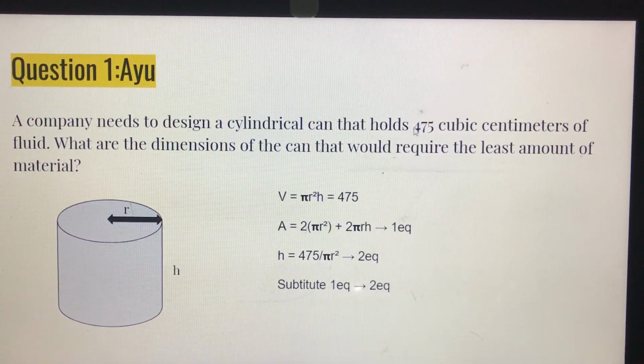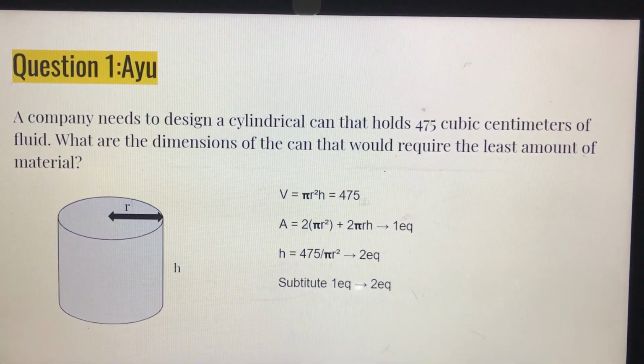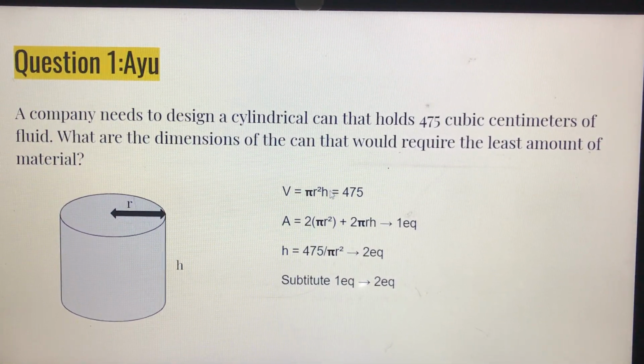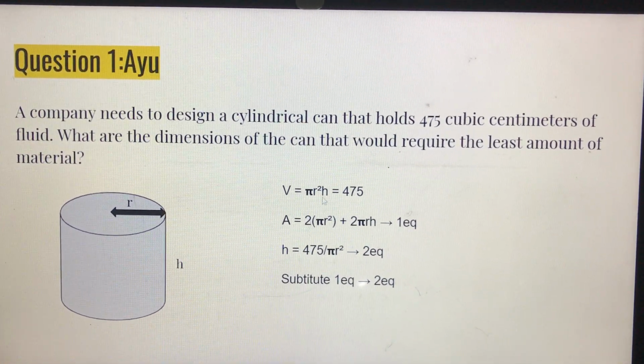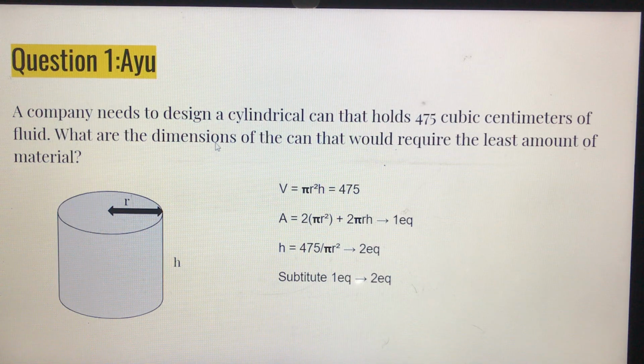So from this value we can build a function, the volume function, which is pi r square h equal to 475. And after that, continue the question. The question is, what are the dimensions?